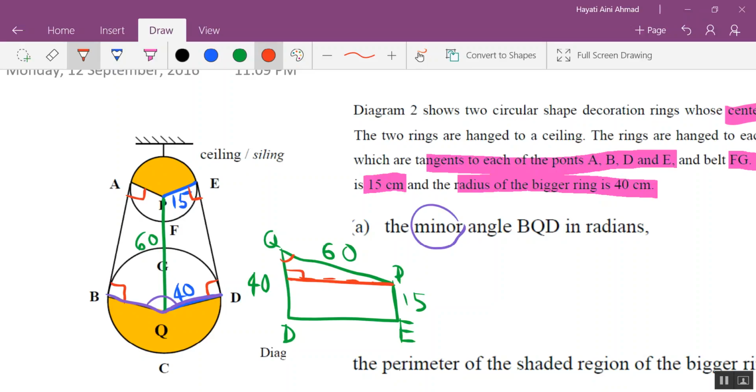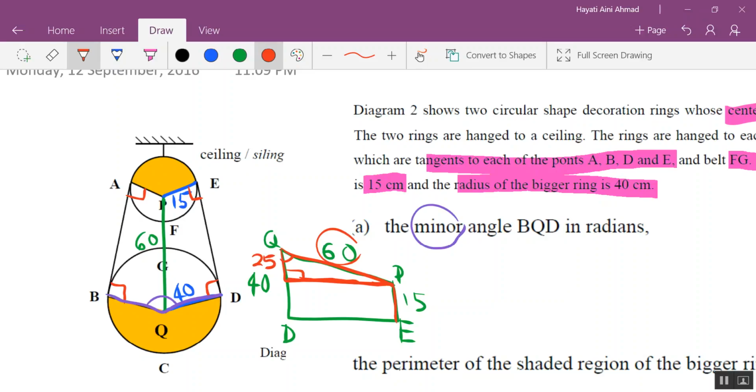If you want to find the angle Q, we only know about 60, and we know that from P to E is 15. So from here, the red triangle here, this one is 40 minus 15, which is 25.